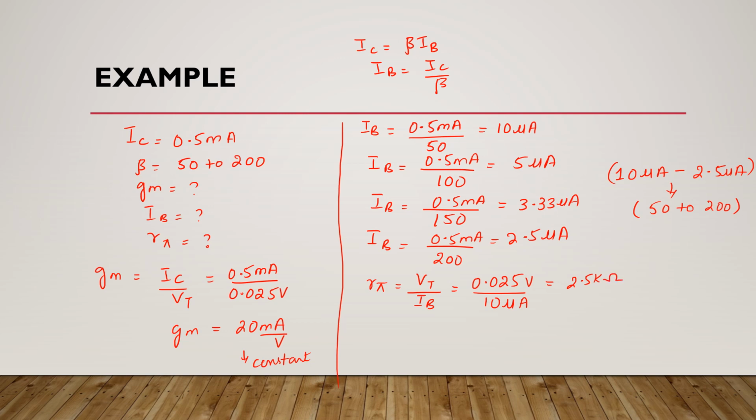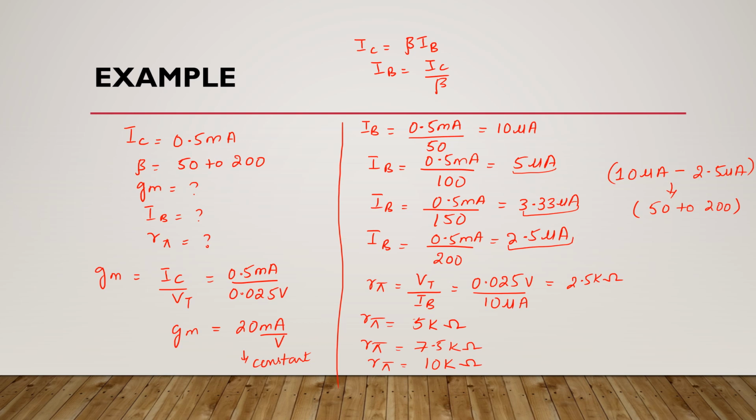When this Ib is 5 microamperes, this resistance is 5 kilo ohms. When this Ib is 3.33 microamperes, this resistance is 7.5 kilo ohms, and when this Ib is 2.5 microamperes, this resistance is 10 kilo ohms.